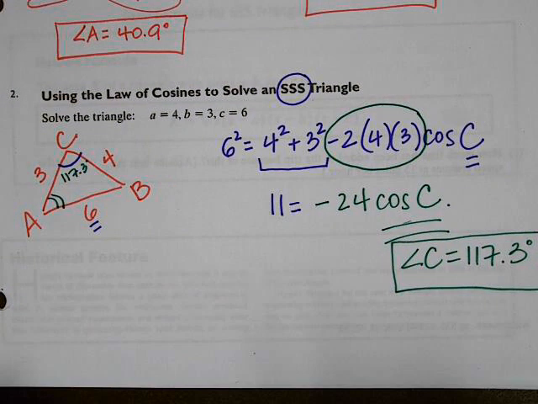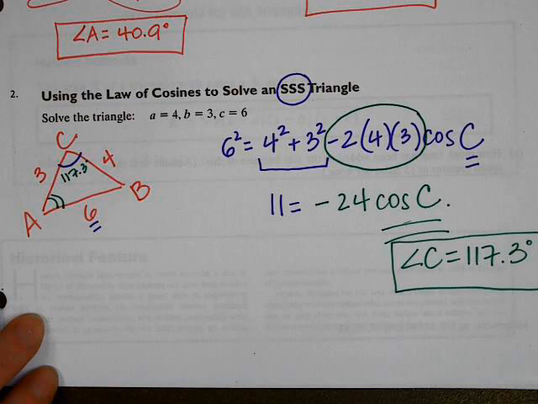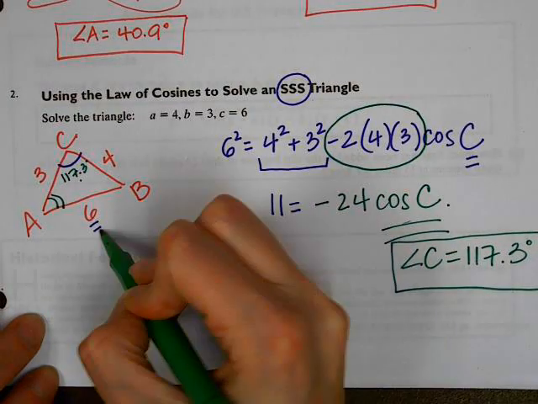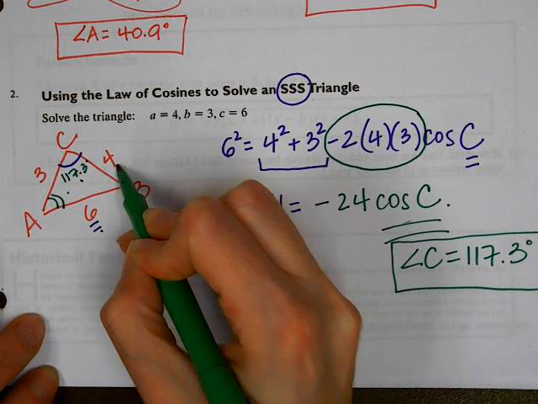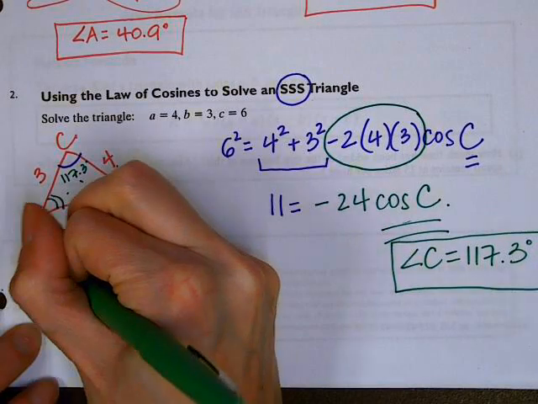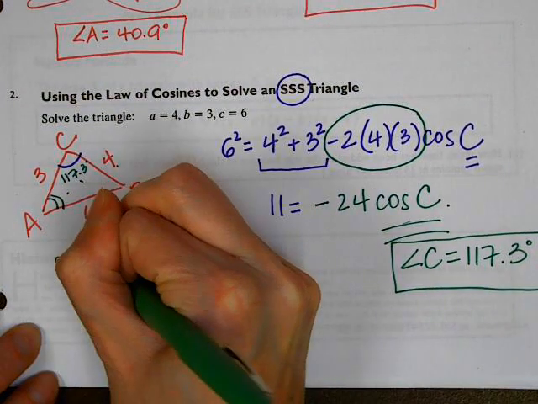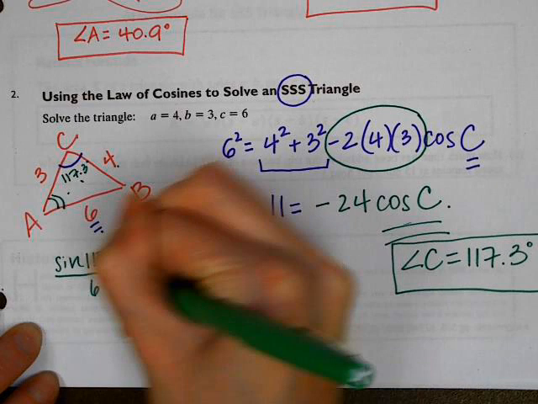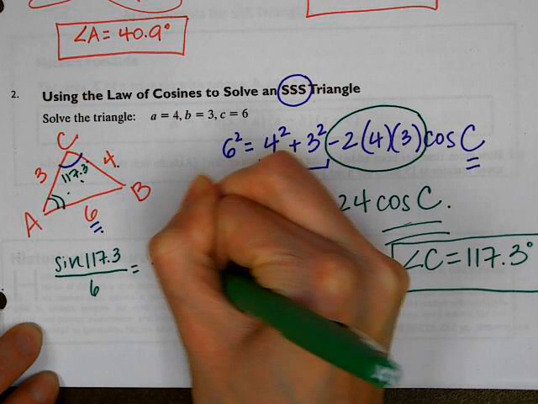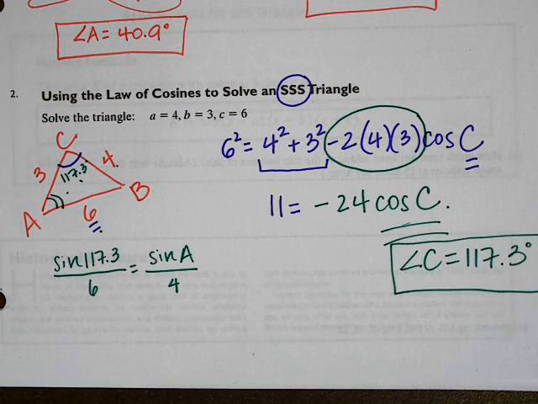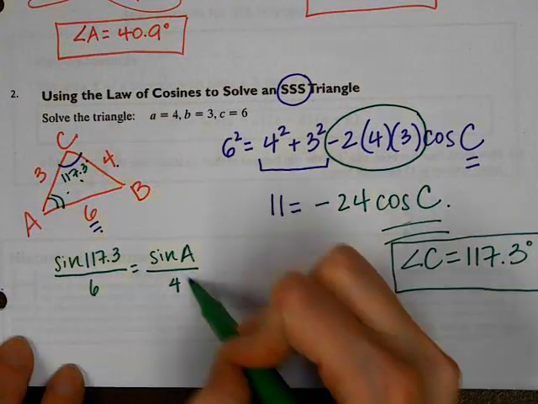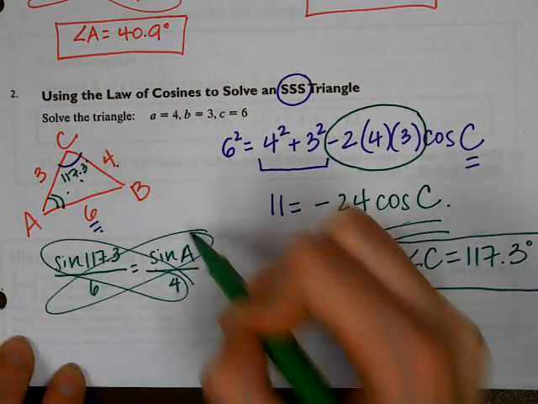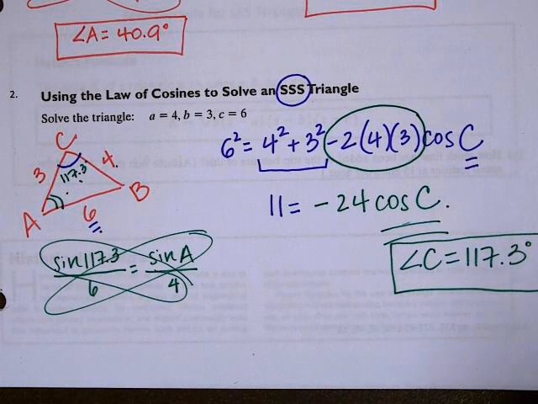And I'm going to do that. So I'm definitely going to use the C's, and I'm going to use the A's. So sine of C over side C equals sine of A over side A. And now we can just cross multiply and divide and then use inverse because it's an angle.